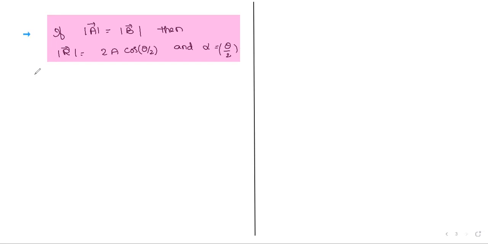Suppose look at this example, you can understand. The given two vectors have the same magnitude, say 20 units, magnitude each 20.